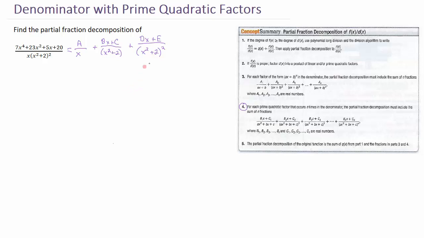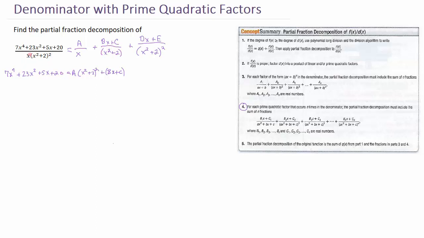Just like before, we're going to multiply by our LCD, which always clears out the denominator, and you're left with 7x to the 4th plus 23x squared plus 5x plus 20 equals. Now, this x and that x would cancel out, and we're left with A times x squared plus 2 all squared. Plus, we have a Bx plus C linear factor, and one of these x squared plus 2 cancels out with one of these.